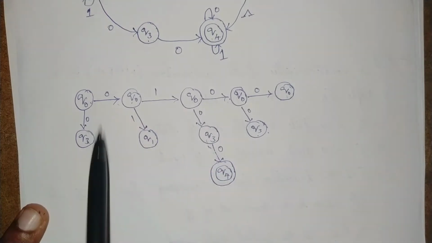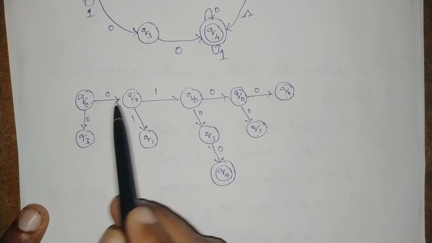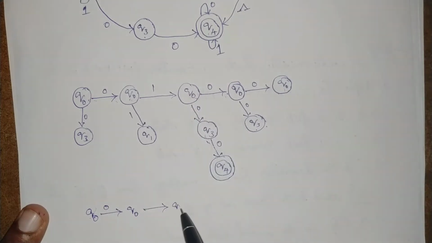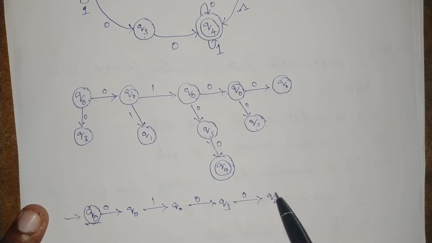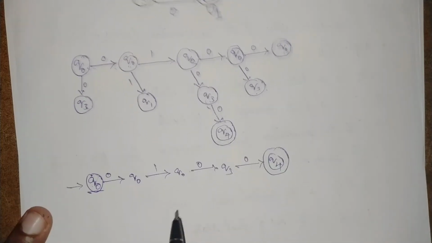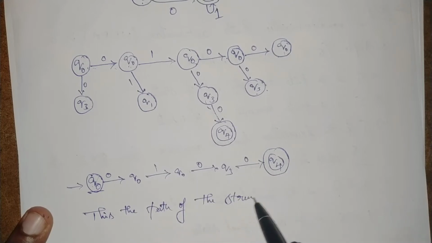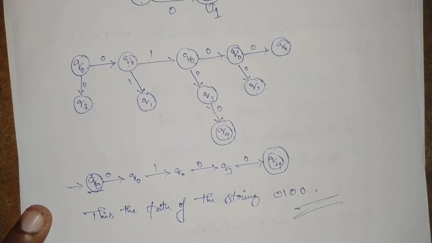So here the acceptability of the string is Q0 to Q0, Q0 to Q1, Q0 to Q3 and Q4, where Q0 is the initial state and Q4 is the final state. So this is the path of the string 0100.